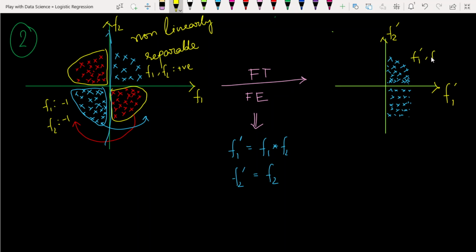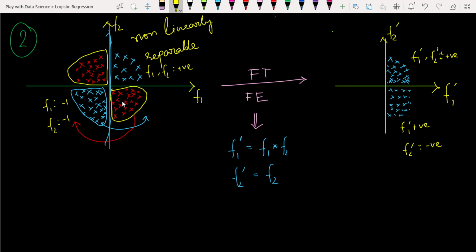F1 dash is positive and F2 dash is negative. F1 into F2 multiplied gives positive in this direction.